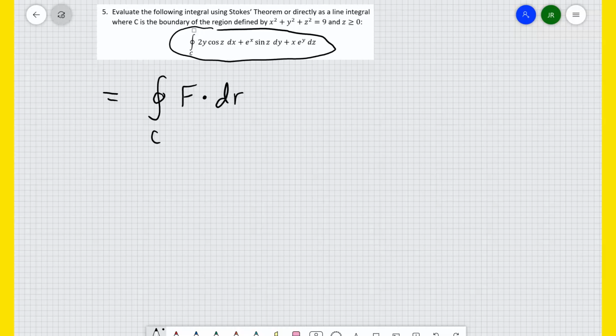But once we can get the components of this little theorem, it won't be so bad. So F in this case is basically all these things. But think of them as a vector.